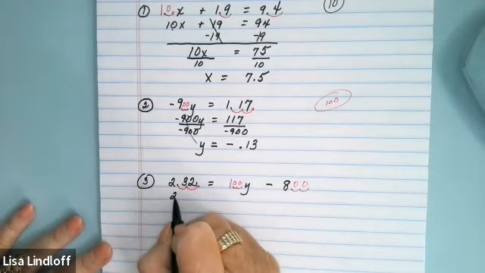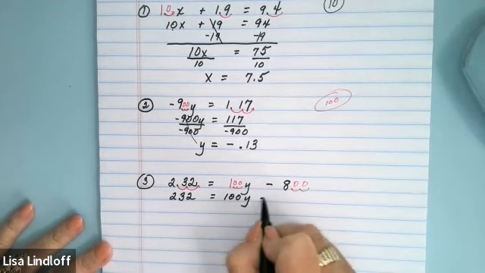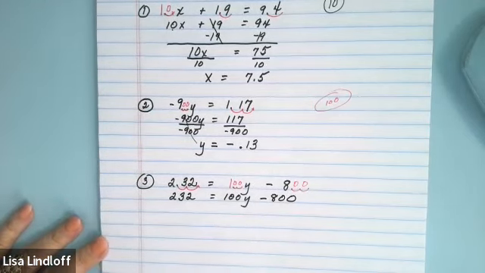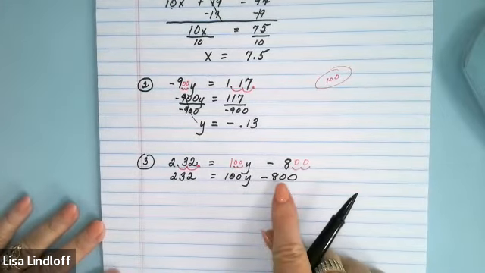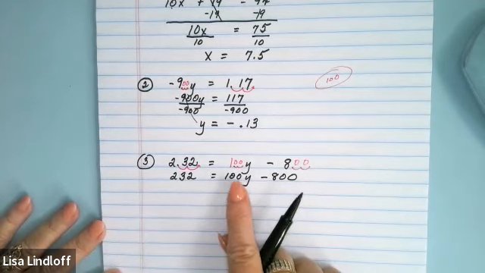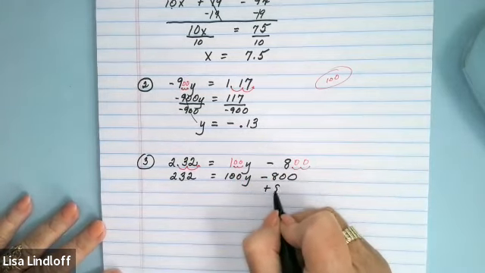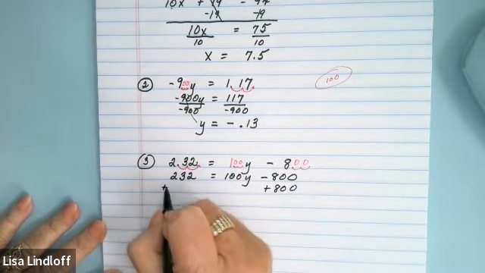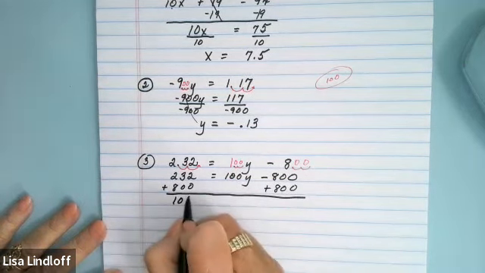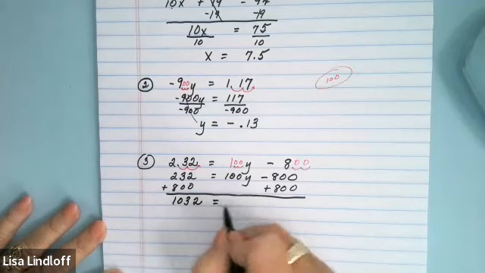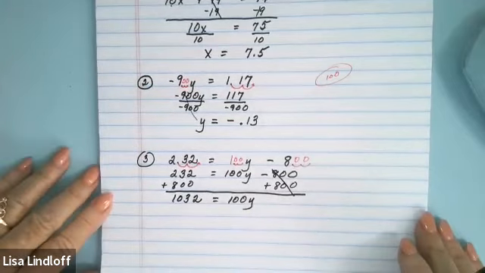I have 232 is equal to 100y minus 800. No decimals anymore. The variable is on the right, so I'm going to get it isolated. I'm going to add 800 to both sides. There you go. I have 1032 is equal to 100y, and that's gone to 0.